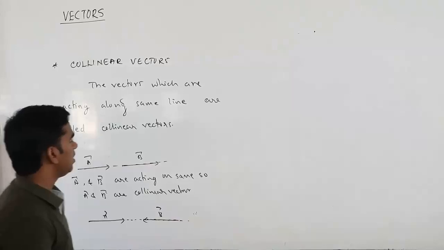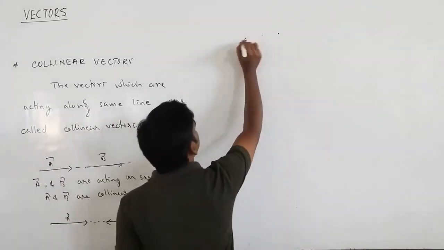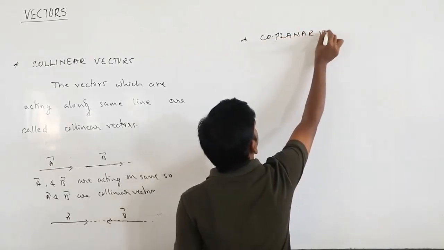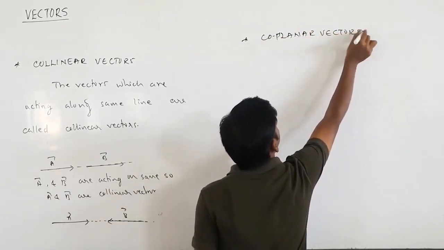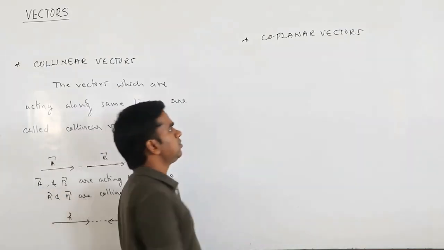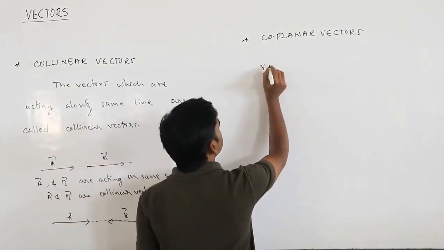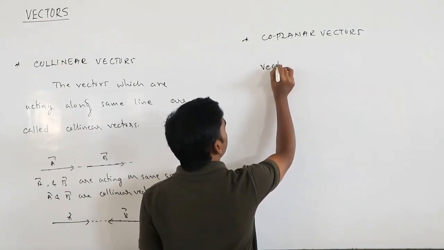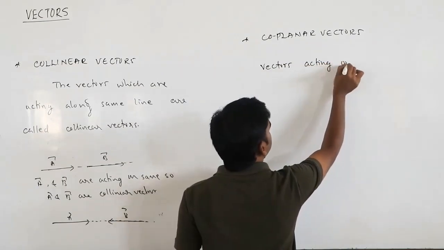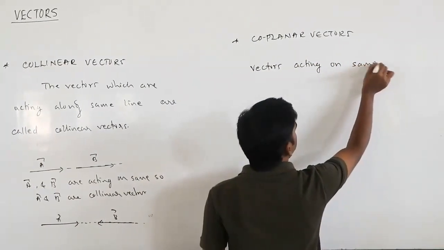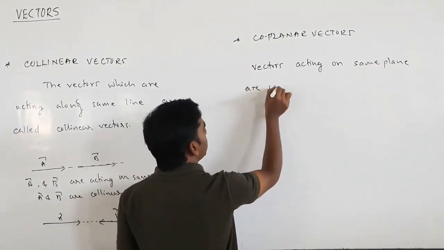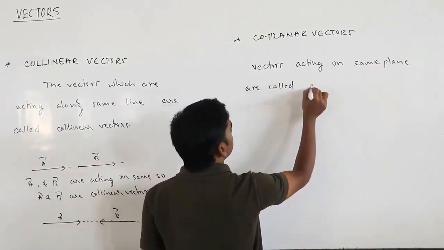Similarly, one more thing: coplanar vectors. What do you mean by coplanar vectors? Vectors acting on the same plane are called coplanar vectors.